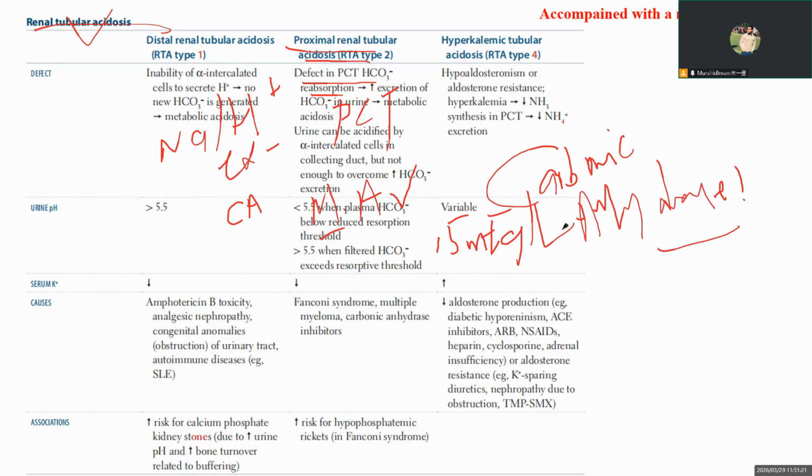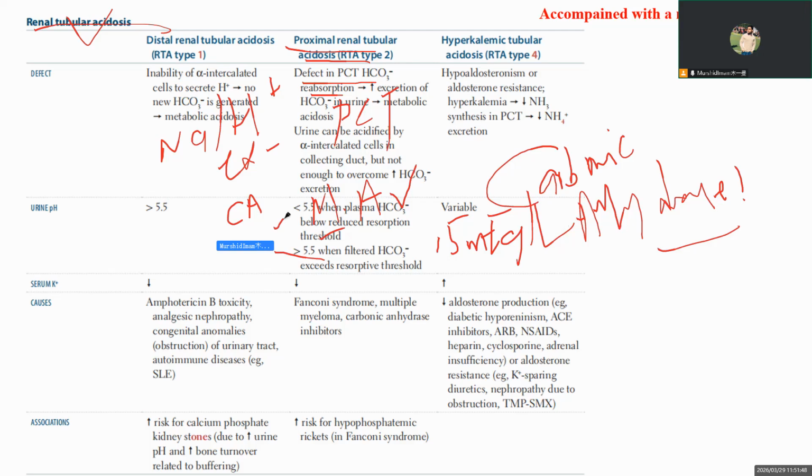So when the plasma bicarbonate is below the reduced threshold, the PCT is able to reclaim all of the filtered bicarbonate. No bicarbonate reaches the distal tubule, and the distal acidification mechanisms, for example the alpha intercalated cells, are still intact. So the urine can be acidified normally, and the urine pH will be less than 5.5.